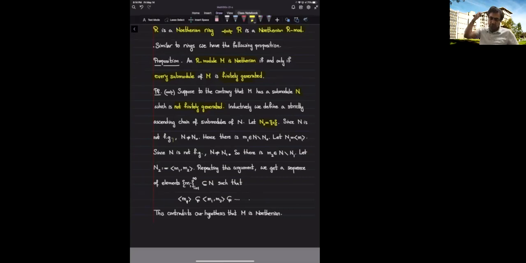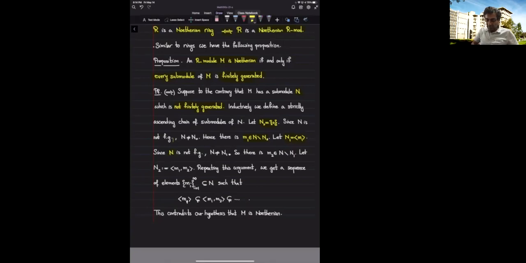So let's pick one such element, a non-zero element, m sub 1. Now let's look at the submodule generated by m sub 1 and call it N sub 1. Again, N sub 1 is a finitely generated module. It is in fact cyclic.